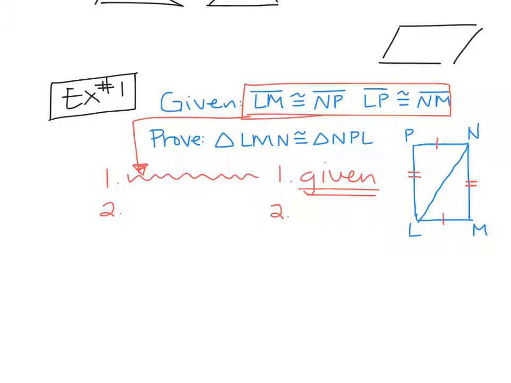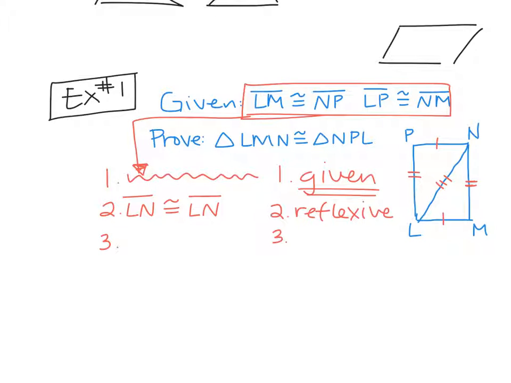The next thing we need to say then is that LN is congruent to LN. And then mark that because it helps you to see. Once you mark LN congruent to LN by what property? The reflexive property of congruence. By the reflexive property of congruence, which you may just write reflexive. Then once we have that, what do you see in all your markings?